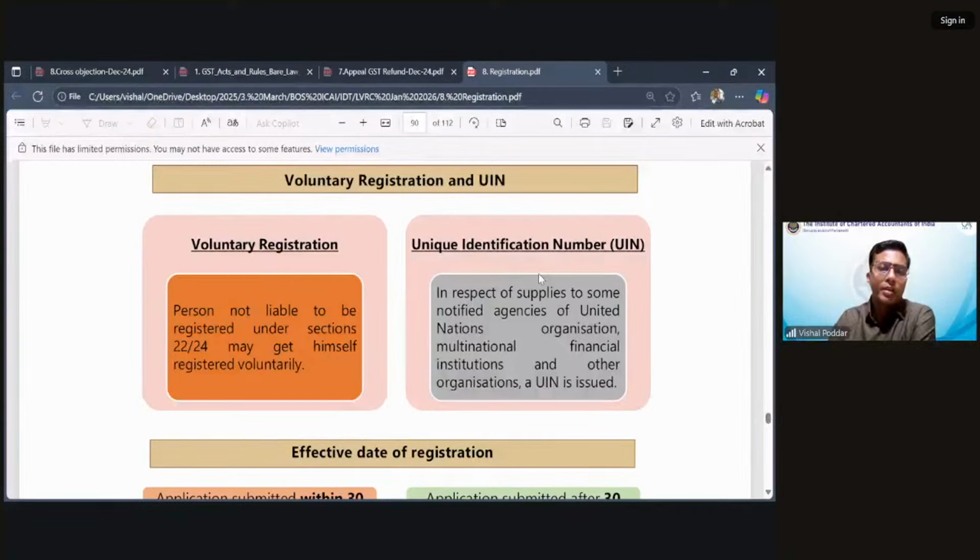Now, besides the regular businessman, there is a special category of registration which is called UIN, Unique Identification Number. This registration is done by some notified international agencies like agencies of the United Nations Organization, or multinational financial institutions, or any other organization.